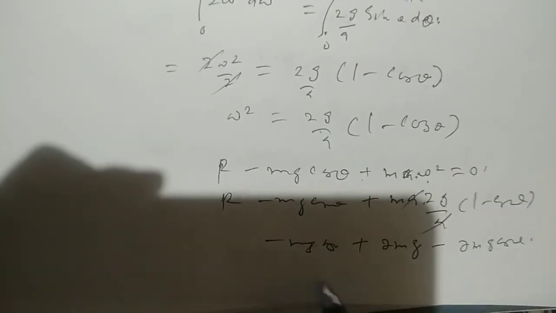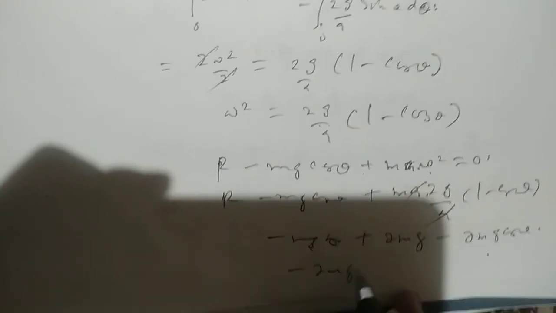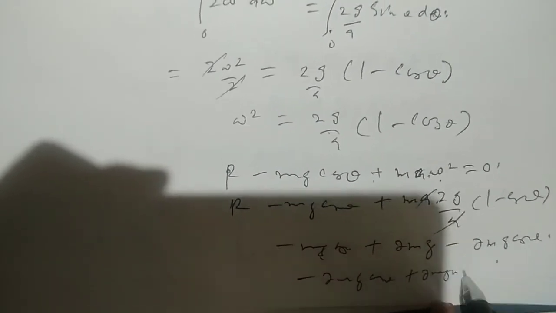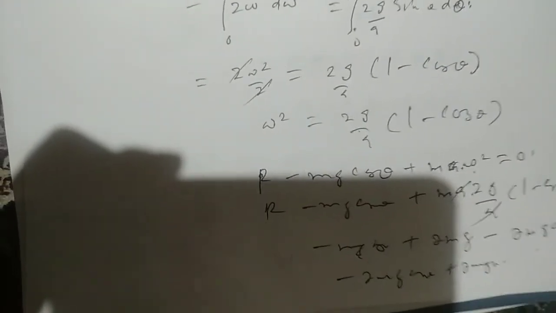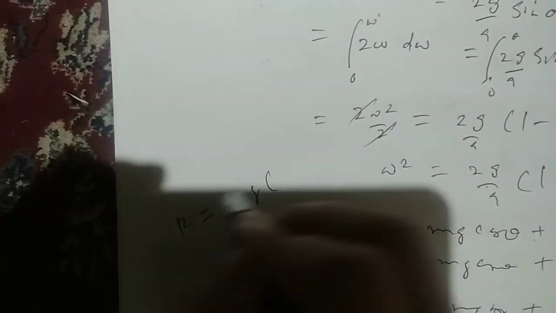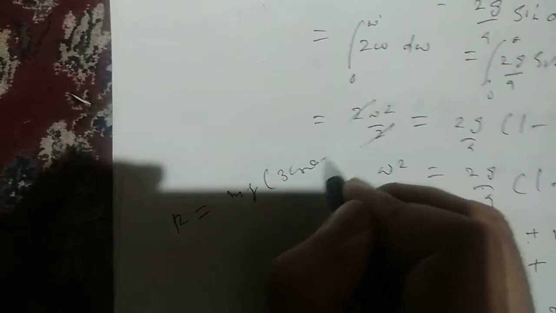So this is basically minus 3mg cos of theta plus 2mg. So my R will be, after doing the further maths, simply mg times 3 cos of theta minus 2. Okay, this is my normal force that is imparted by the sphere on the particle.